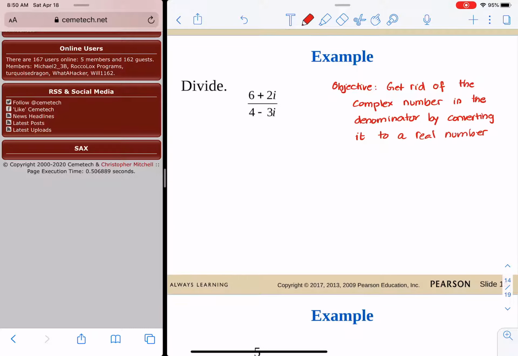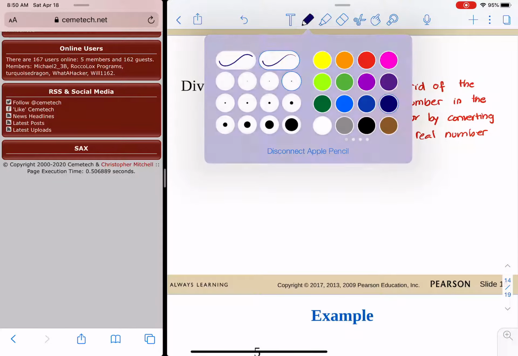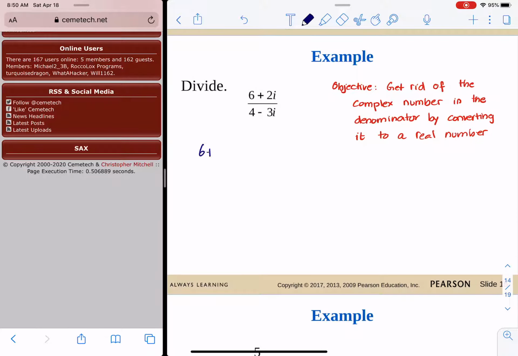So the objective is to get rid of a complex number in the denominator by converting it to a real number. How do we do that? So we have 6 plus 2i divided by 4 minus 3i. Now with radical expressions, we can rationalize the denominator.